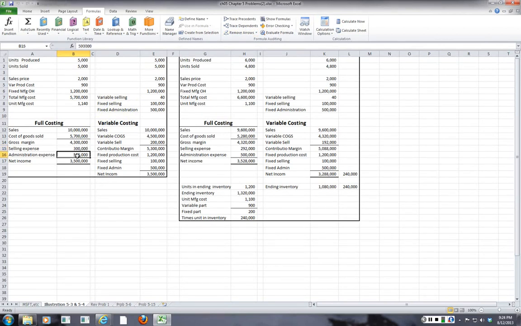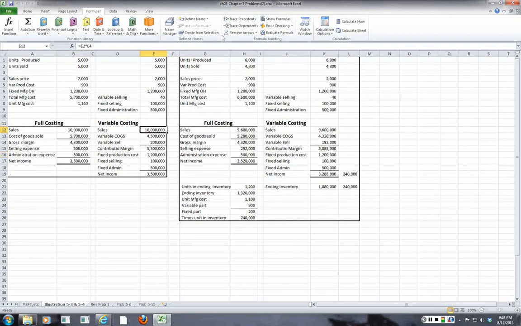Then we have an administrative cost of $500,000. So anyway, the net income is $3,500,000.